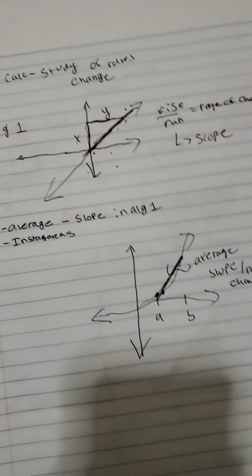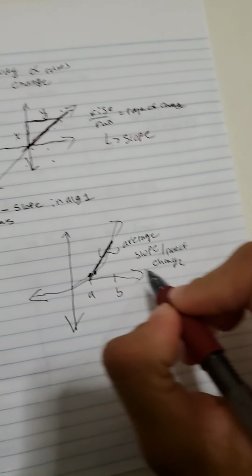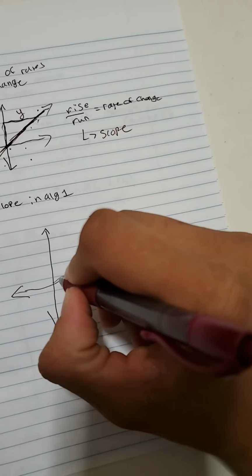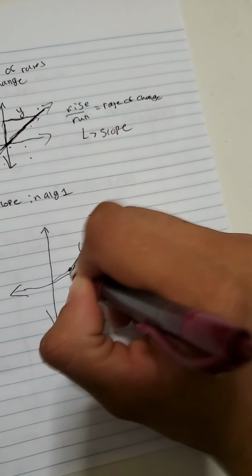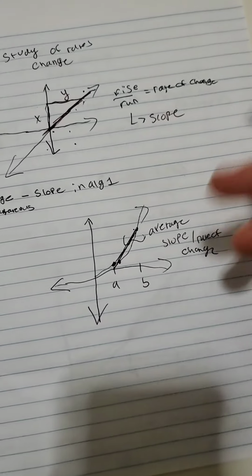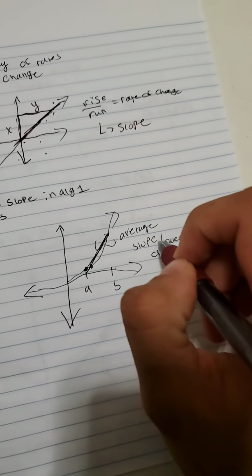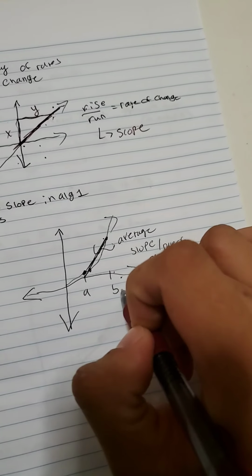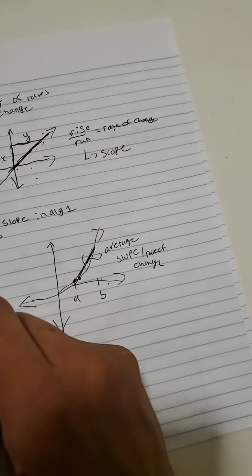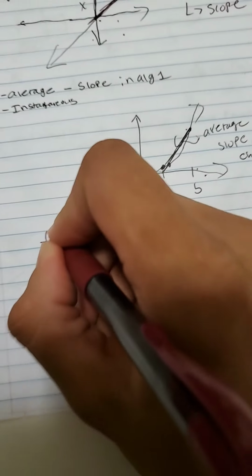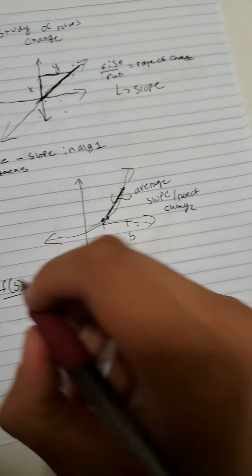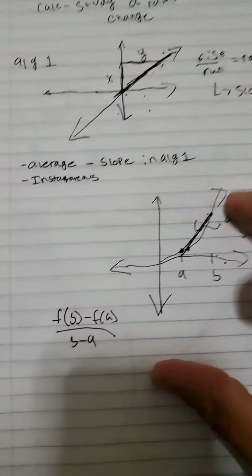But once we take it to a curve, we find out that over a time period, say we're trying to find the slope of this line in between a and b, how much the rate of change is in between this interval, we call it the average rate of change, and that's f of b minus f of a over b minus a.